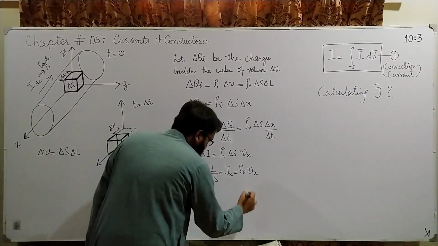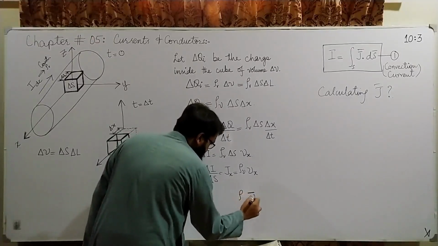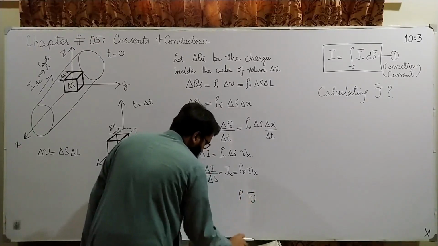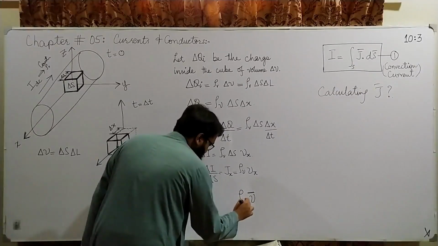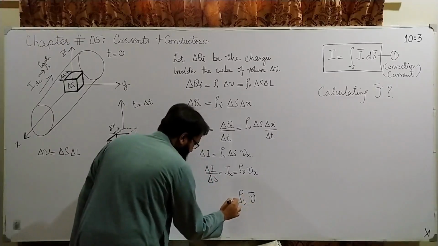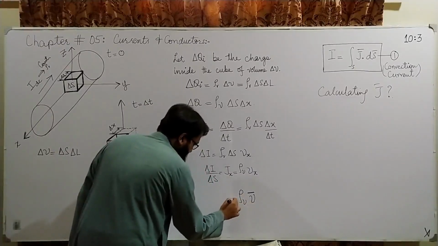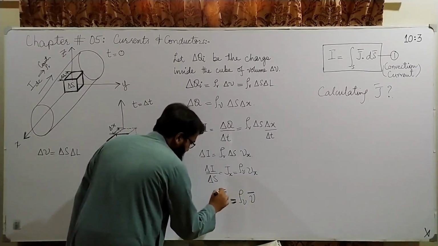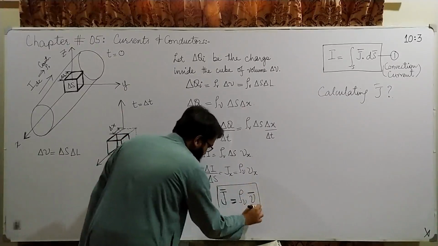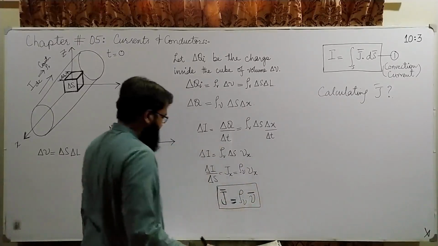And if we multiply the velocity with which the charges are moving by the charge density, we should get the general formula for current density, which is this convection current density.